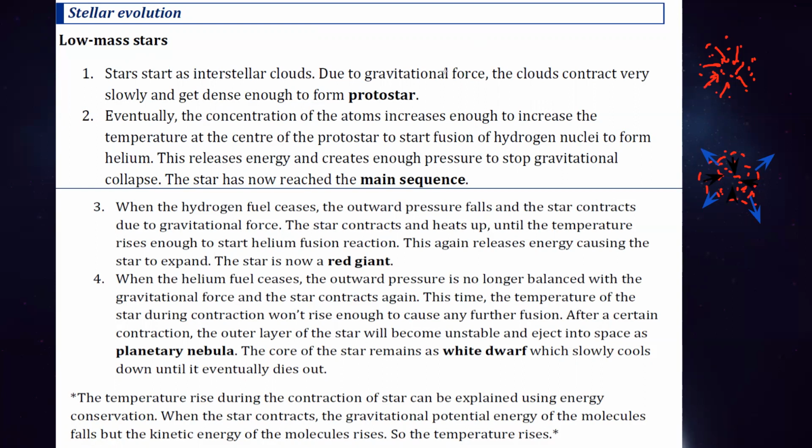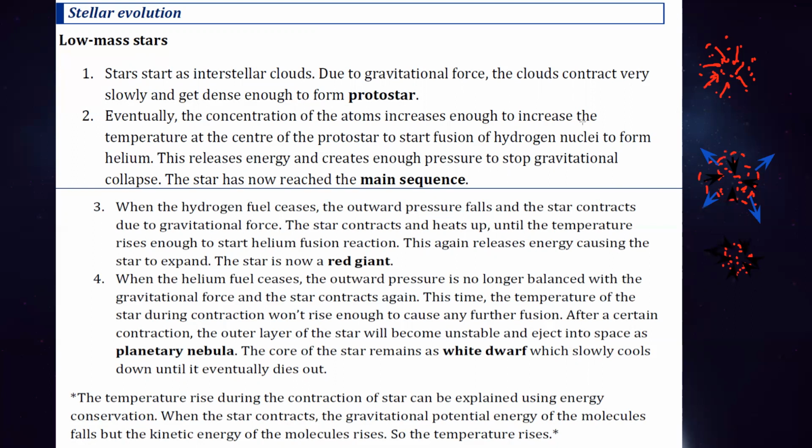Once the hydrogen fusion is used up, the star size starts to decrease because the radiation pressure is weaker, so the radiation pressure is less and the gravitational force is more. But as it comes closer, it will heat up the star because the potential energy changes to kinetic energy. When it heats up, the star will start the helium fusion.